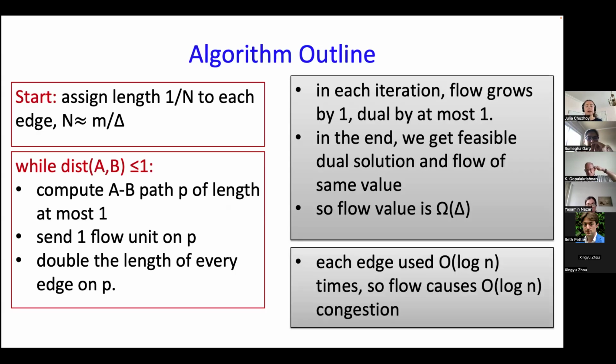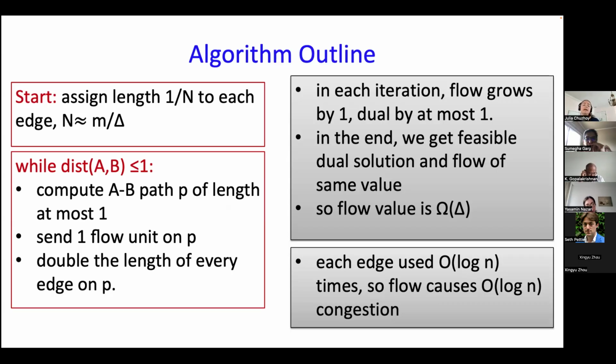Now, if we look at some edge, I claim that we're going to use this edge at most log n times. The reason is that every time I use this edge, I double its length. And once the length of the edge reaches 1, I cannot use it anymore because we only use paths of length at most 1. So what we get is close to optimal flow, but with logarithmic congestion. This is not quite what we wanted.